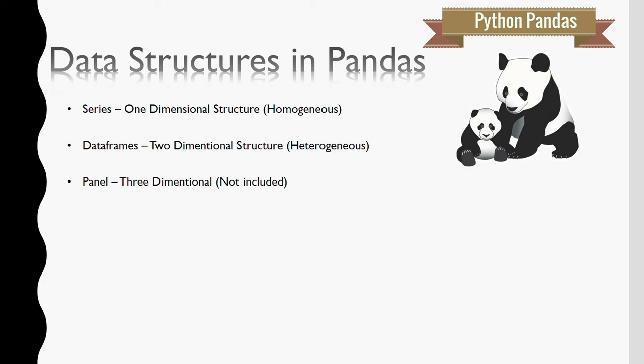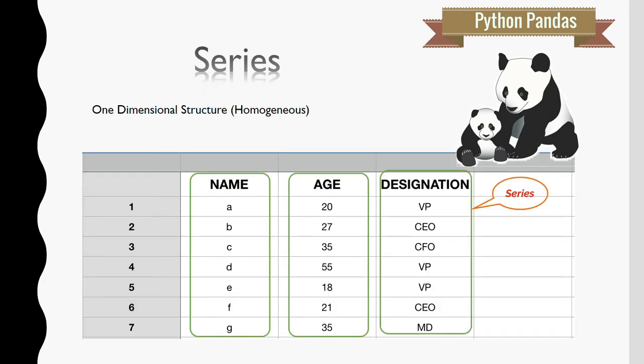So first of all, we need to discuss the series. Series, as I already discussed, is a one-dimensional structure which should be of the same type. That is why we call it homogeneous. Here you can see in this table we have name, age, designation.